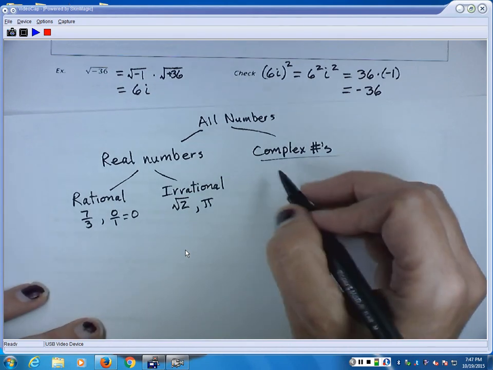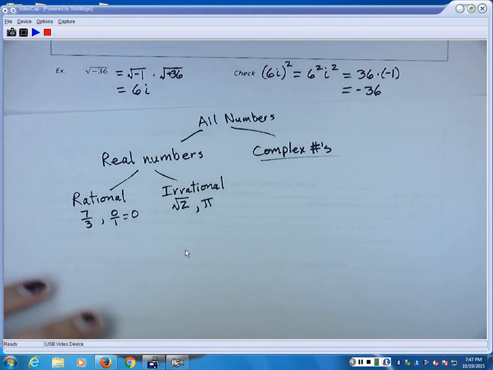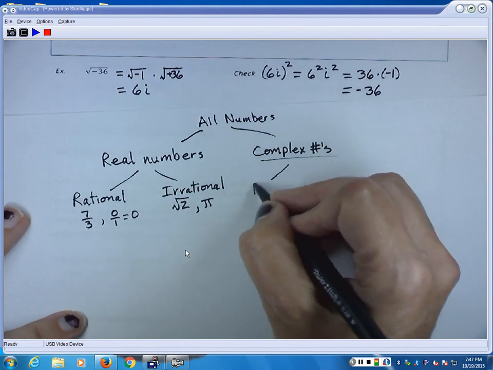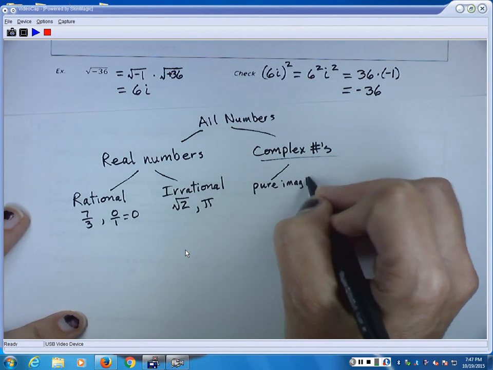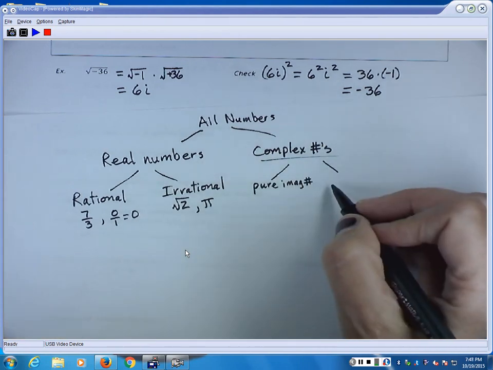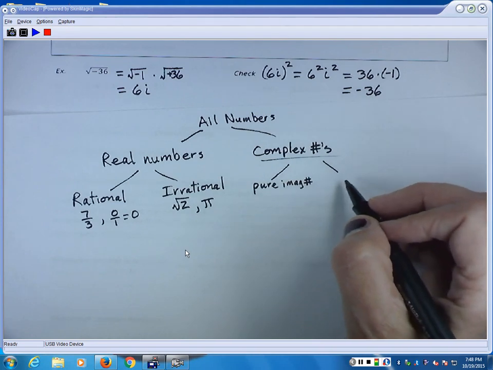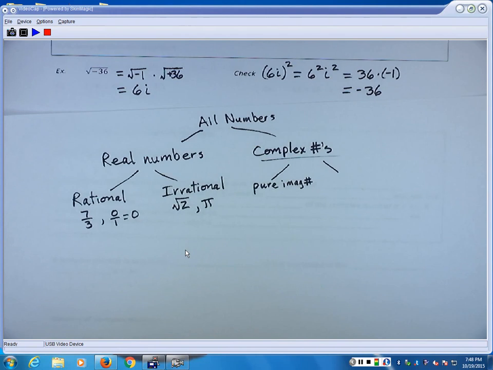We can have a pure imaginary number, or we can have a real part and an imaginary part.